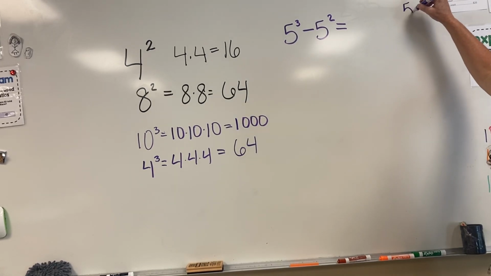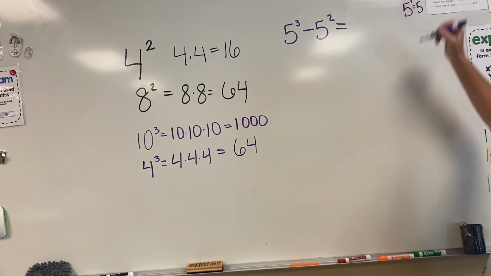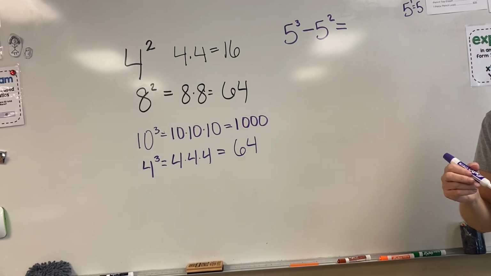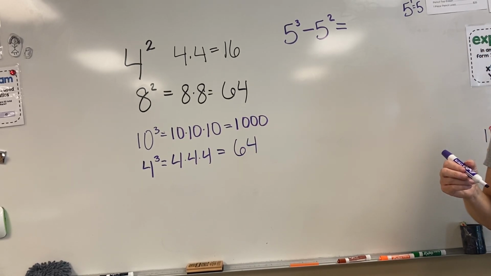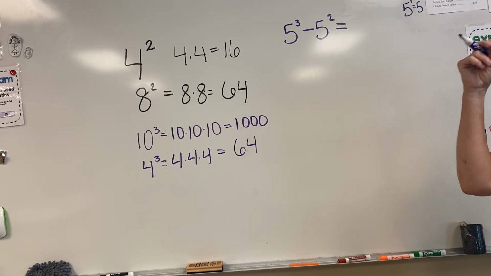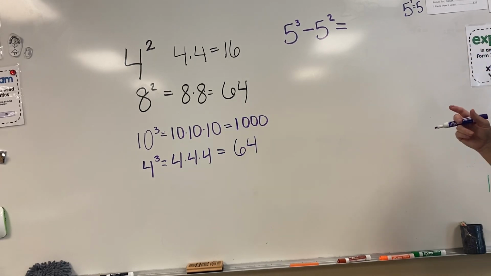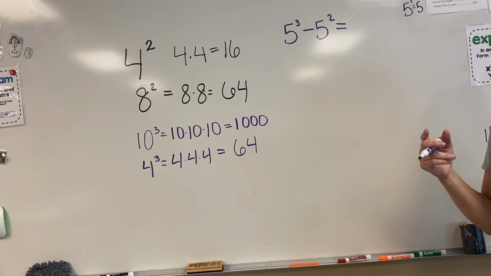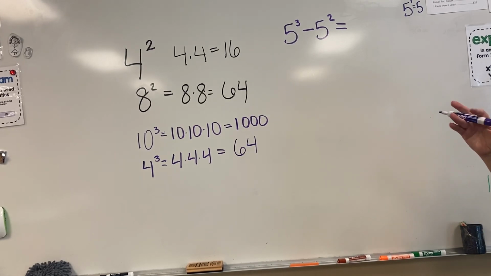Kessler thinks it's going to be 5 to the first power, which is 5. Any other predictions? Should we math it and find out? Yes.